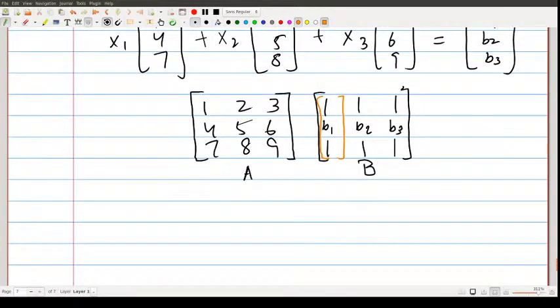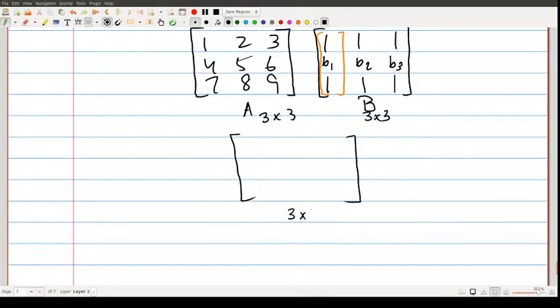So if I write down the result A times B, this is a 3 by 3 matrix, this is a 3 by 3 matrix, and the result will also be a 3 by 3 matrix.